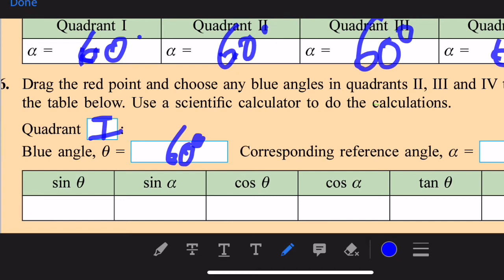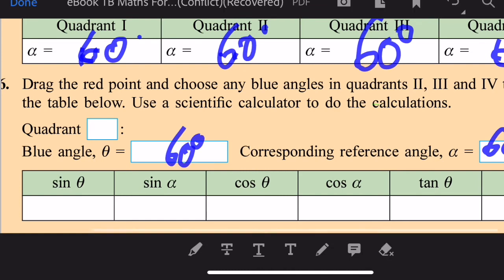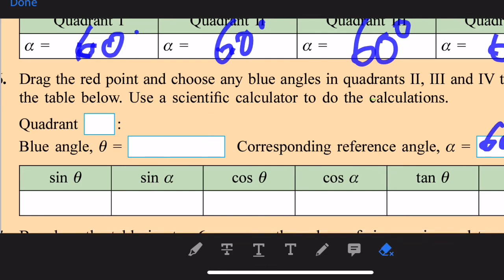Of course, the corresponding angle will be 60 also, because this is the first quadrant. If I change to quadrant 2, theta won't be the same.